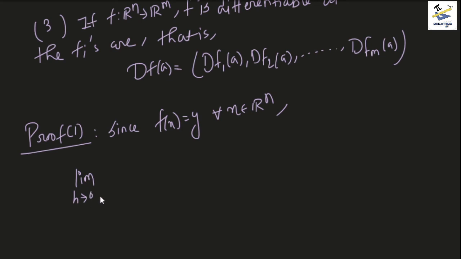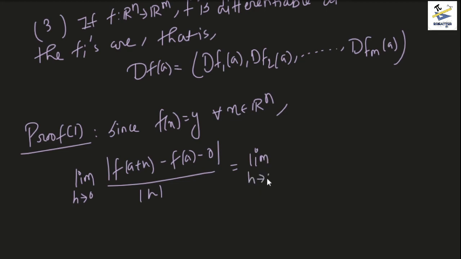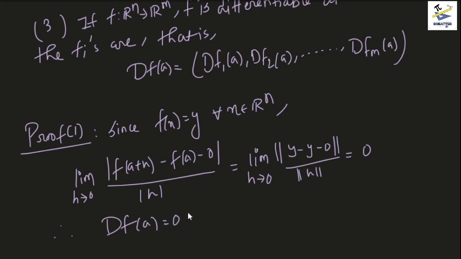Limit h tends to 0 of f of a plus h minus f of a minus 0, divided by the norm of h. So this limit should be 0. Now f of a plus h is y, so is f of a, because it's a constant function, right? And of course with the norms. So this is basically 0 because the numerator has norm 0. So therefore df of a is basically 0, right?